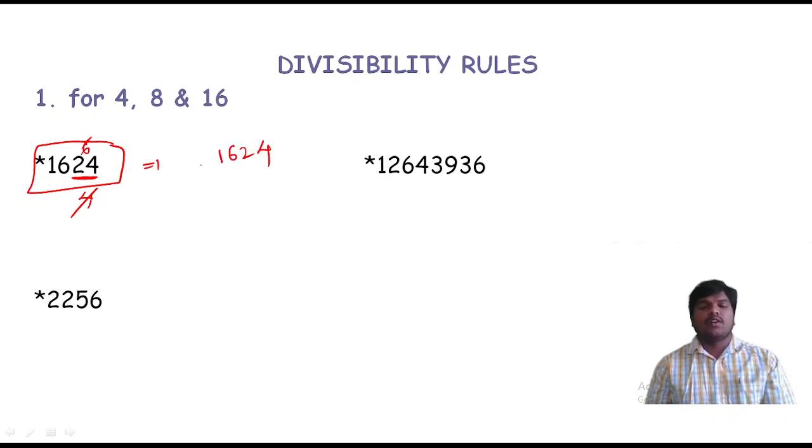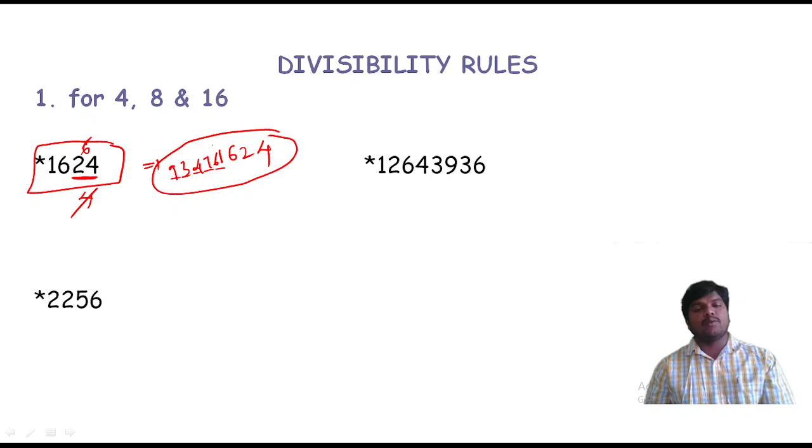Not only 1624, whatever the number is, let us say 9347612 64, this whole number is also divisible by 4. We need to check only the last 2 digits. Whatever digits are on the left side of that number, the whole number is also divisible by 4.